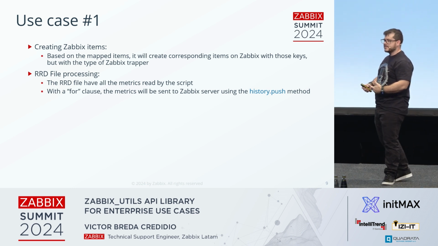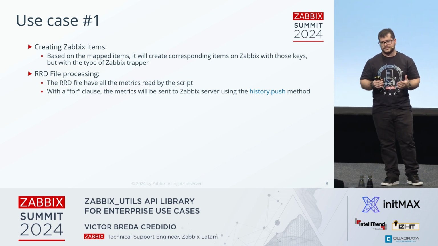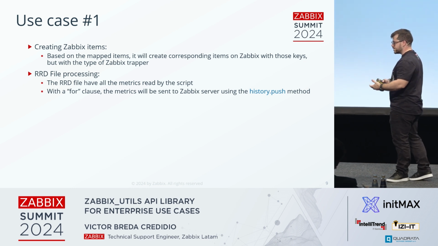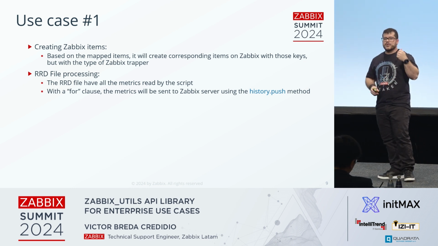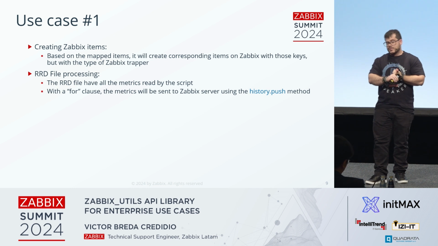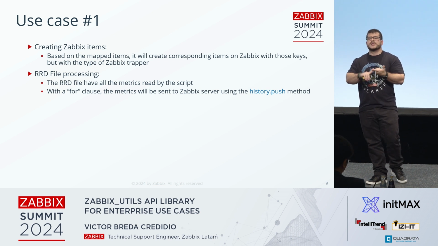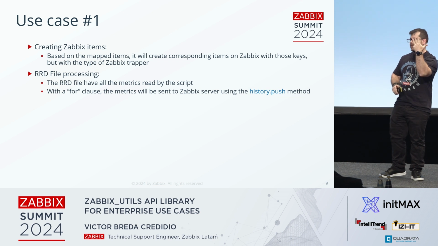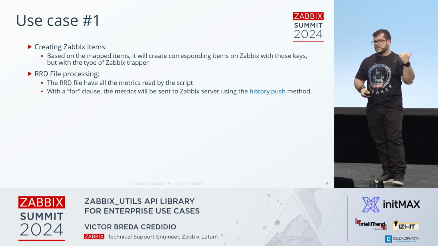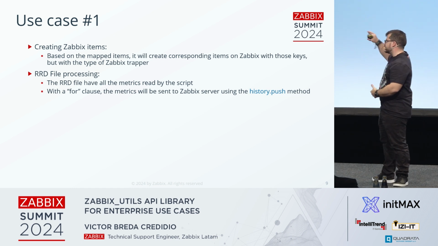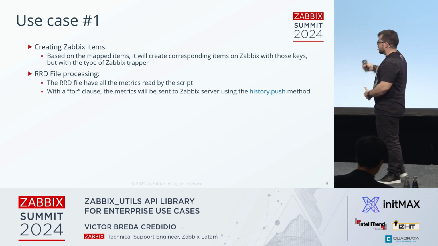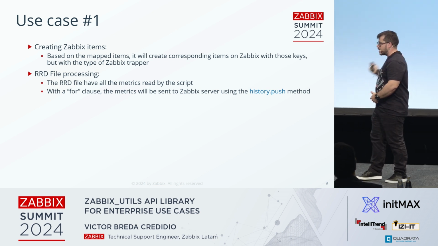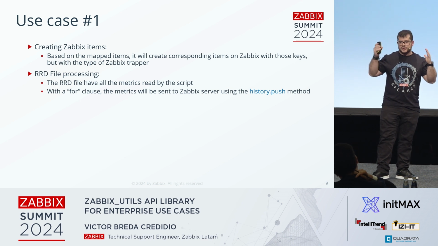It's just like the Zabbix sender. When you use the Zabbix sender, you are sending information to Zabbix or to the proxy, you just need to give the name of the host, the key, the value, and maybe the timestamp. And all of this information we had on the RRD file. So every time the file was being read, that information was being pushed to Zabbix accordingly. And it was taking so long.